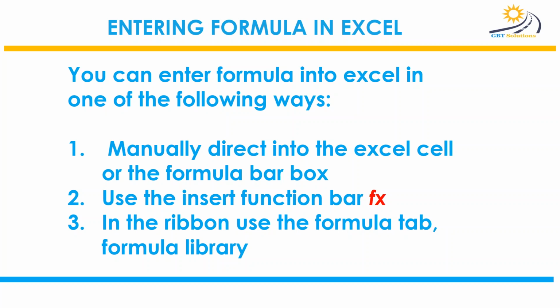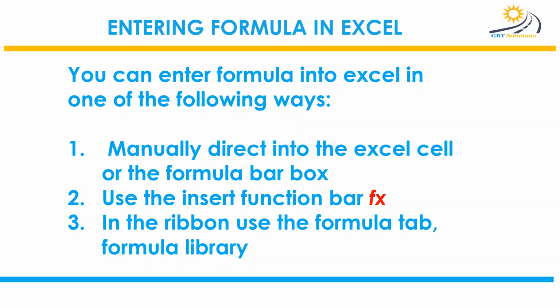The first one is to enter the formula manually. In this case, you select a cell in the worksheet, type equal, put the function, then code your argument, and press enter, and you have your result in the same cell.